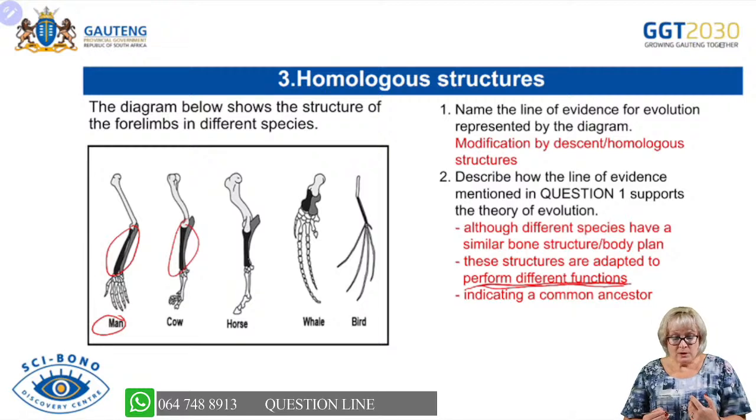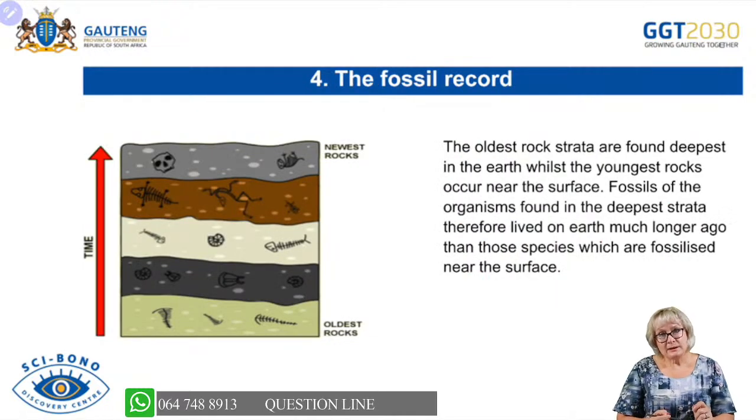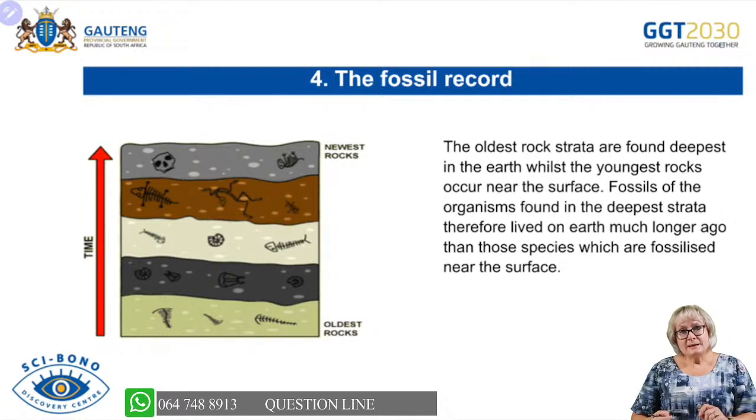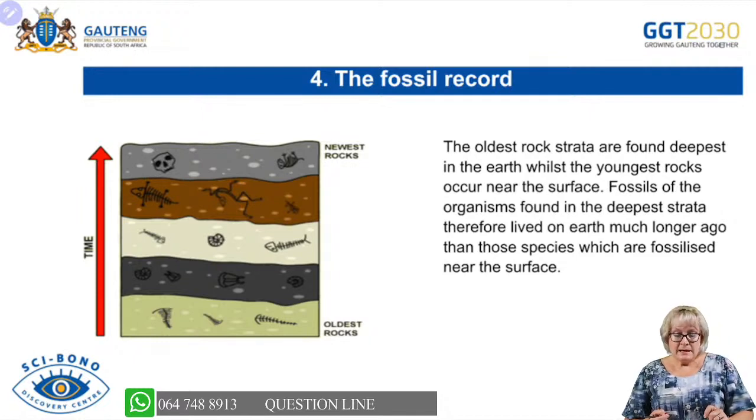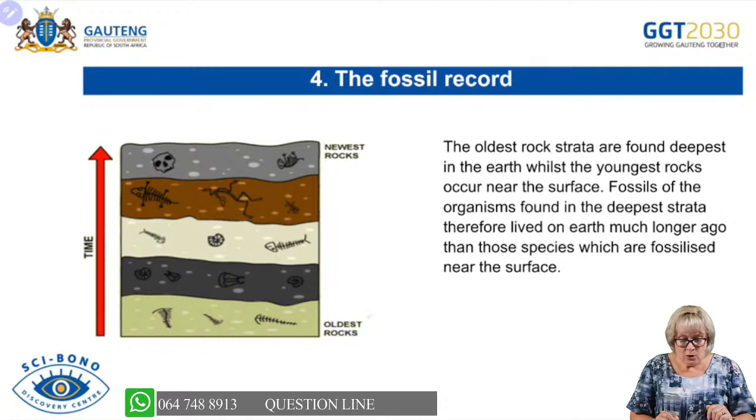So the 4th one that we have is the fossil record. And in grade 10, you have studied fossils. And remember in grade 10, you actually said that if we look at rocks, we know that the rock deepest in the earth is older than the rocks towards the surface of the earth.